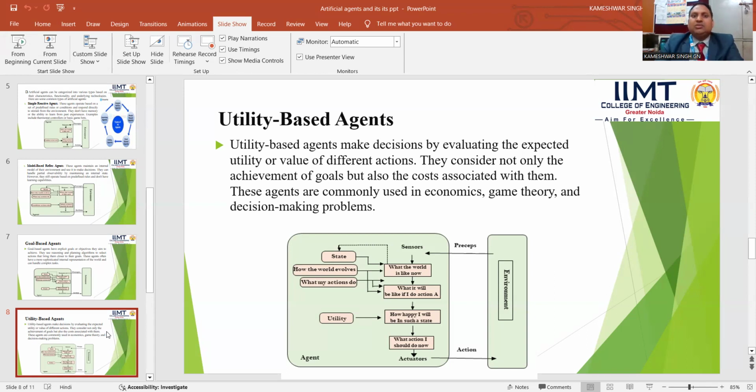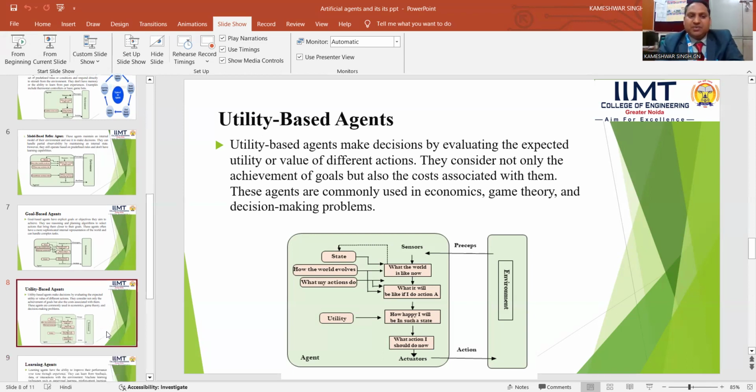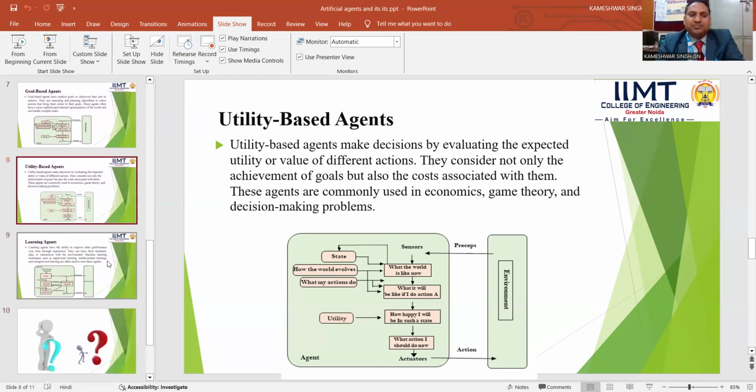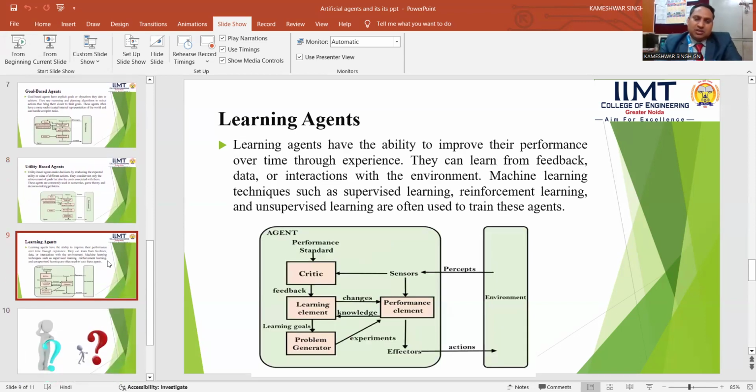So these are the utility-based agents which perform the actions through cost-effective paths.